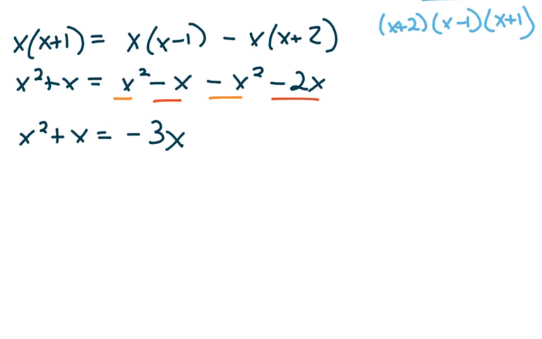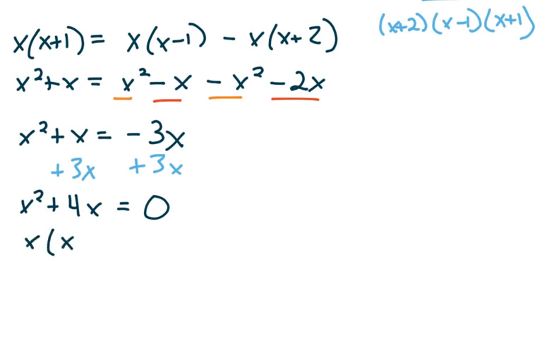Anytime there's an x squared, you want to make it equal 0. So I'm going to add 3x to each side, so that x squared plus 4x equals 0. And then the method of factoring I'm going to use for this would be a GCF, so I'd factor out an x.